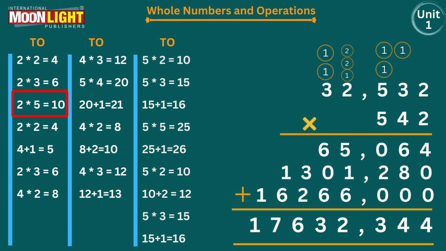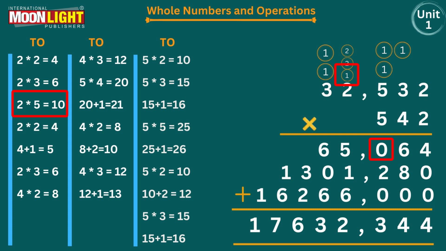So it has how many digits? Yes, it has 2 digits. This means that 1 digit I will carry forward and 1 digit I will write down. The digit which I am going to write down will be at ones place, and the digit which I need to carry forward will be at tens place.